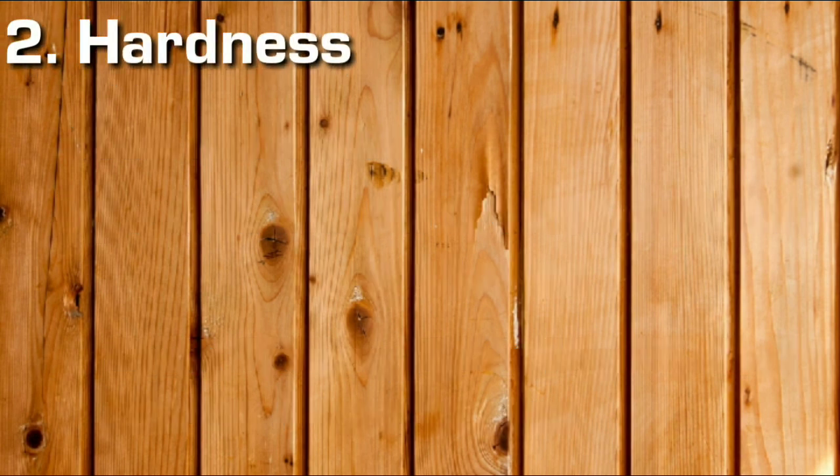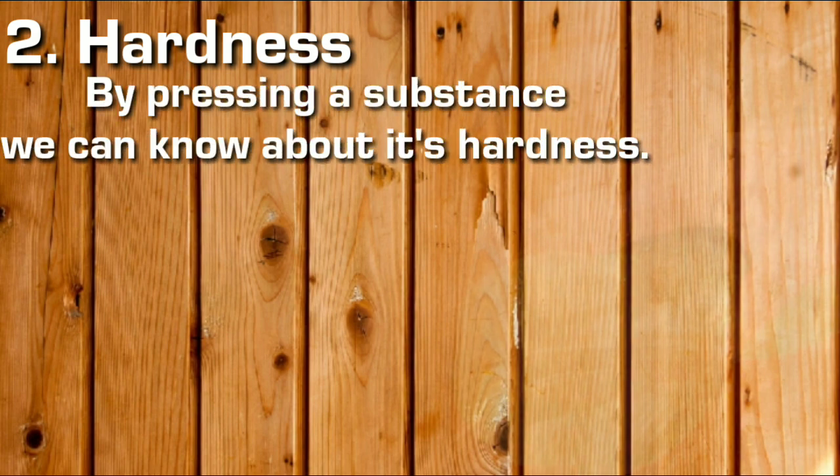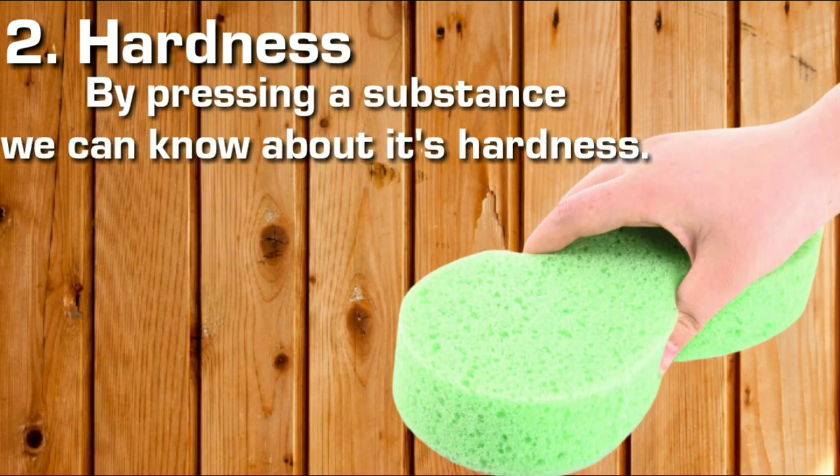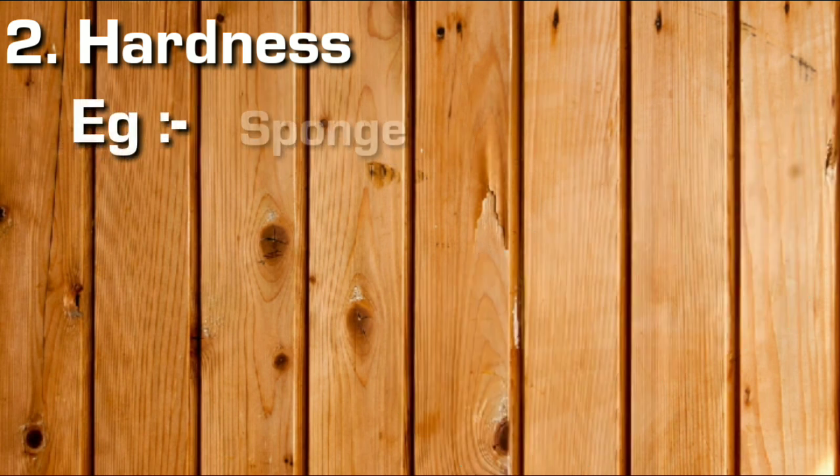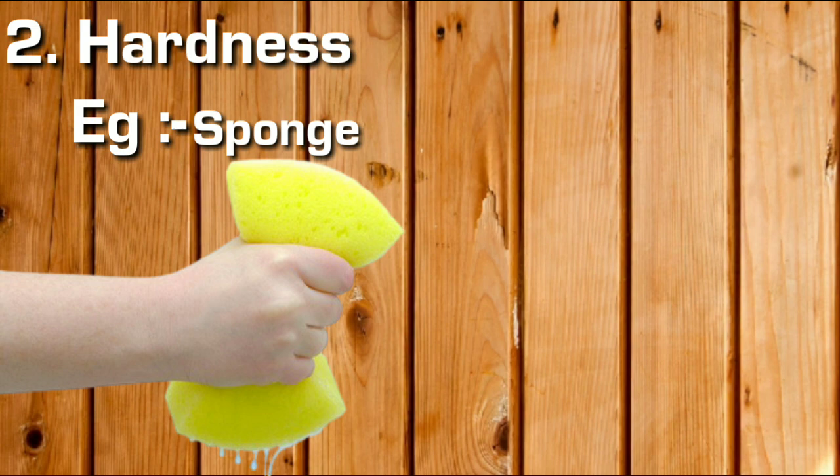Second one is hardness. How can we know about the hardness of a material? We all know that by pressing a substance we get to know about its hardness, whether it is hard or soft. For example, you know a sponge, we can compress it easily, so it is a soft material.